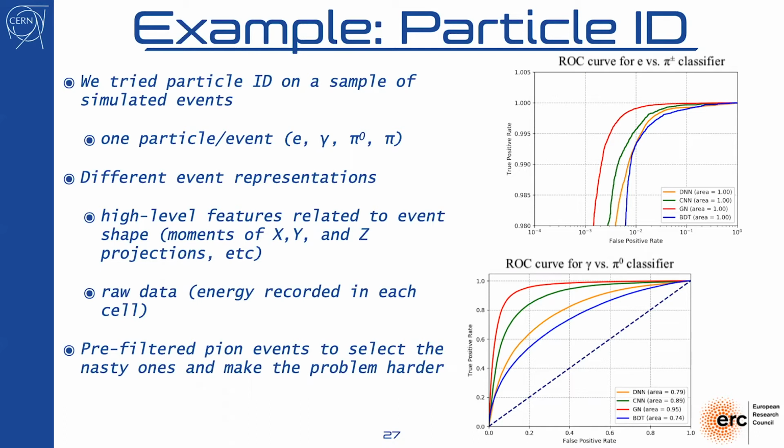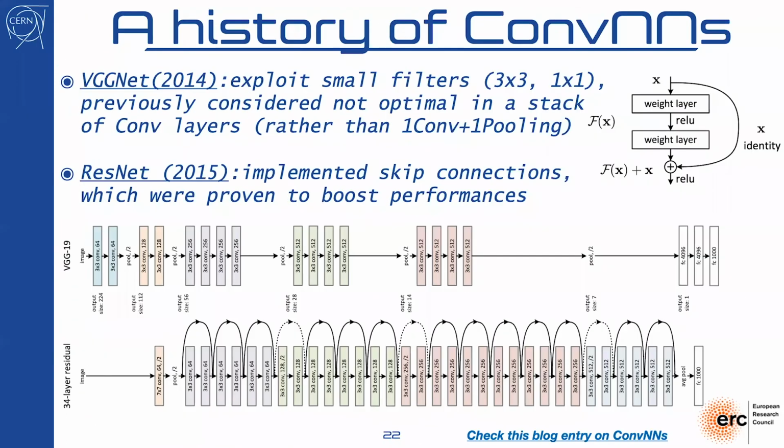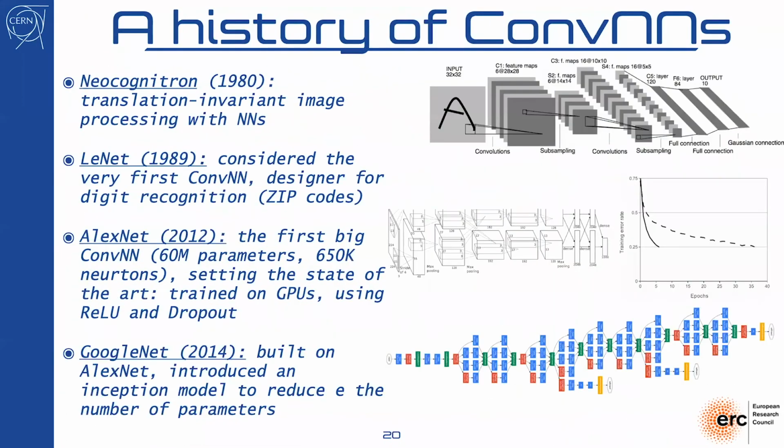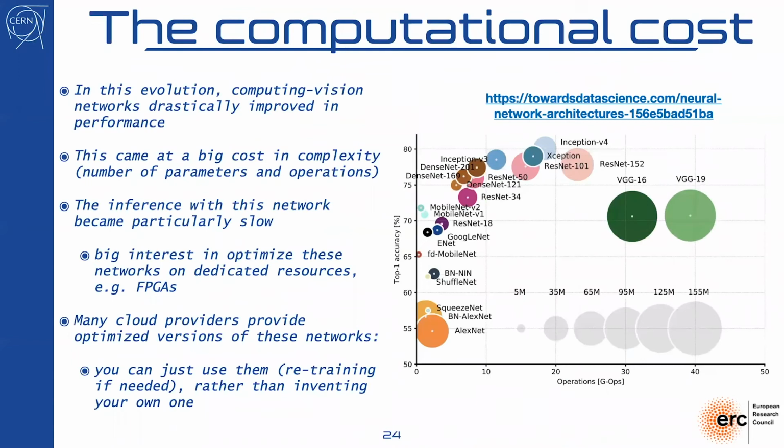Comparing DNNs to BDTs, you see why deep learning is better than other machine learning. But then if you look at the CNN that we trained, it's even better. What is called GN there is GoogleNet. This gigantic thing on the bottom right, we used GoogleNet and it gets even better.